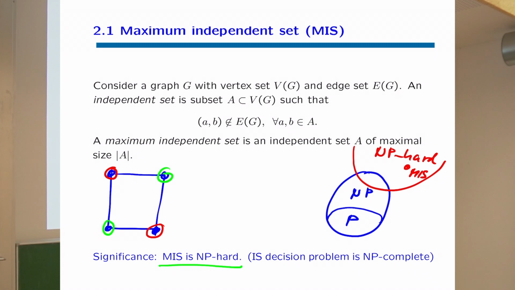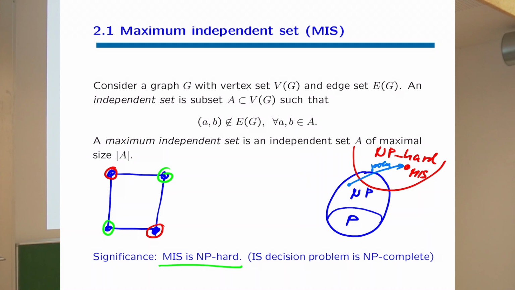NP hard means at least as hard as anything in NP. So this means that if you have a problem in NP, you can map it in poly time to the maximum independent set problem.